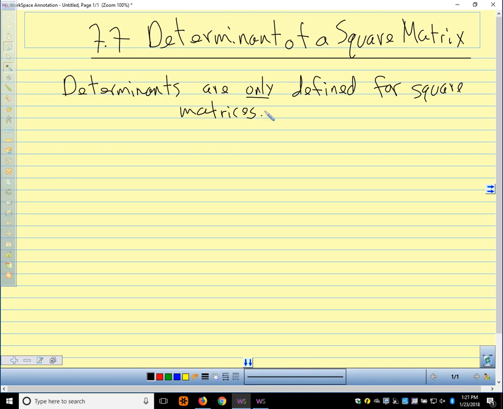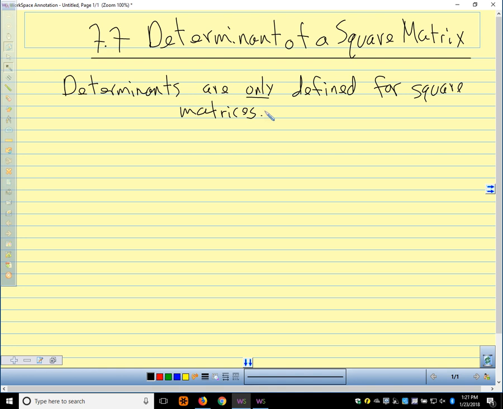So what we're doing today only applies to square matrices. So what we're going to do is talk about the procedure for finding the determinant of a 2 by 2 matrix, which is really easy. And after that, the process for finding determinants of any larger matrix, 3 by 3, 4 by 4, comes down to finding determinants of 2 by 2 matrices over and over again.